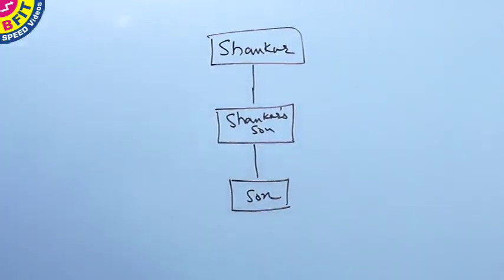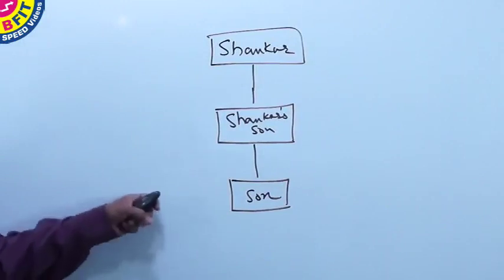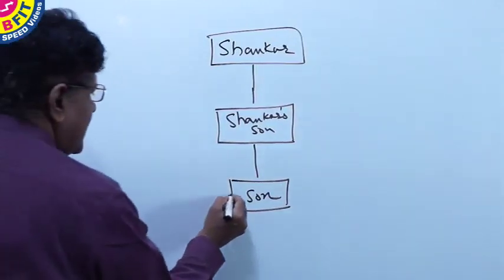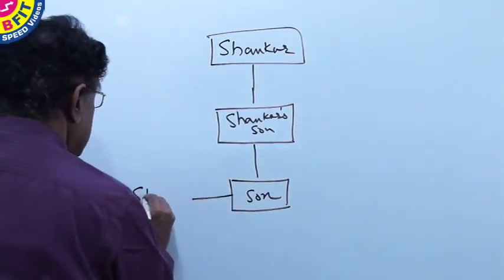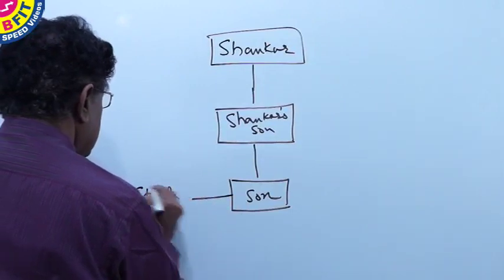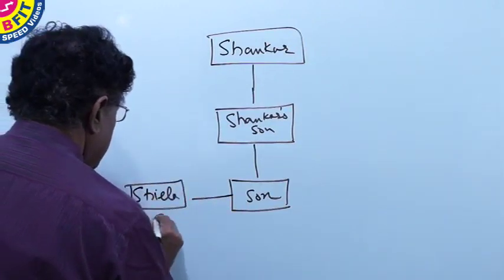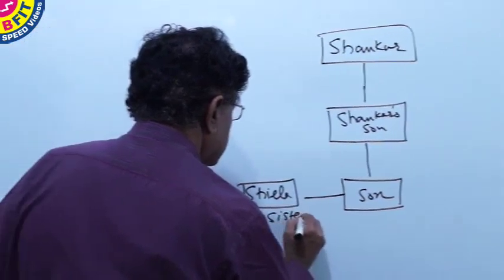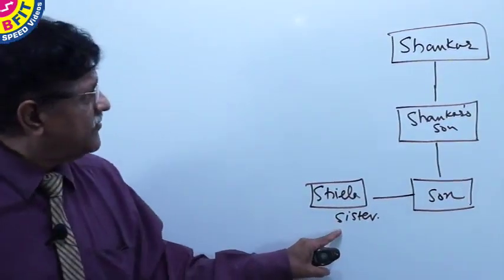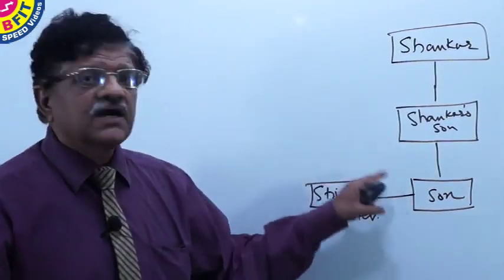Sheila is the sister of the son of Shankar's son. So Sheila is the sister.